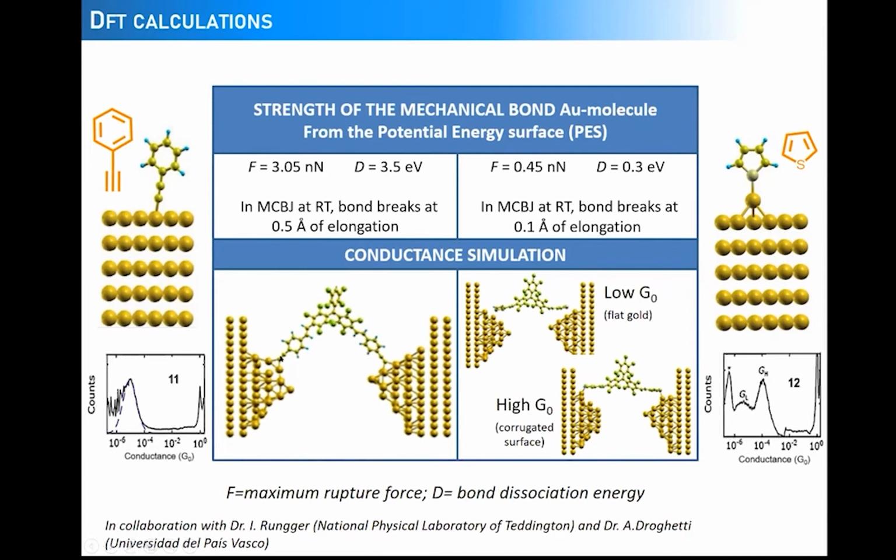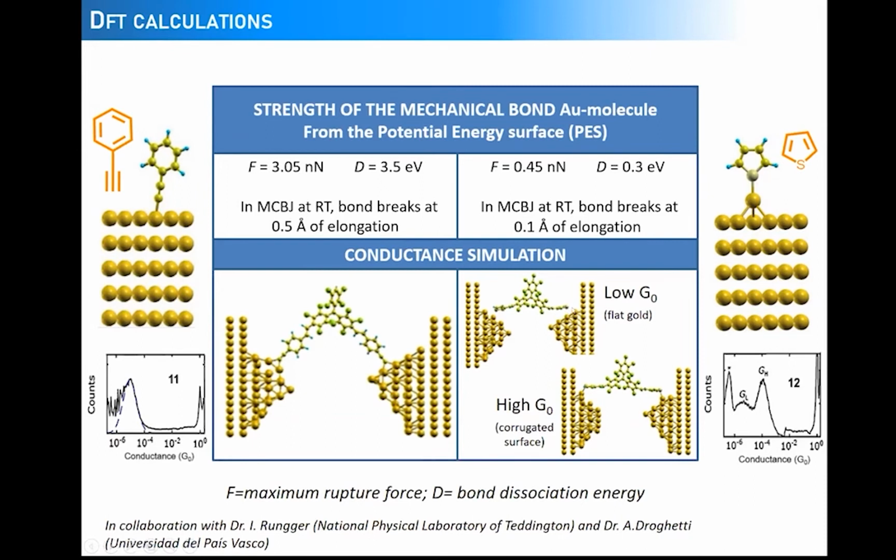And we didn't see variations between configurations. This is in agreement with what we observed experimentally. But in the case of using the molecule with a thiophene, we observed that different configurations were possible.